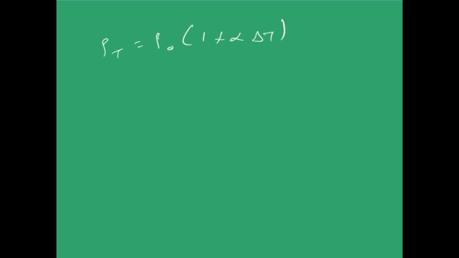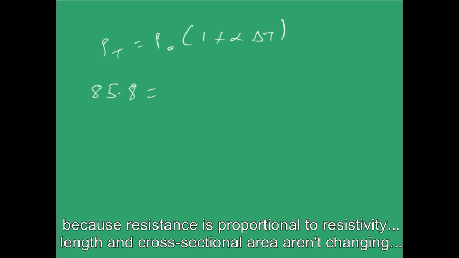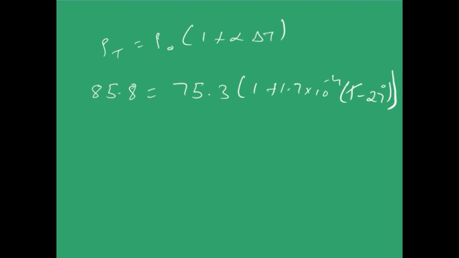Now, I know the final resistance is 85.8 and the initial resistance is 75.3, and alpha they gave you as 1.7 into 10 power minus 4. The delta T is T, that is the steady temperature, minus room temperature 27 degrees Celsius. Now you have only one variable in this equation, just calculate it.